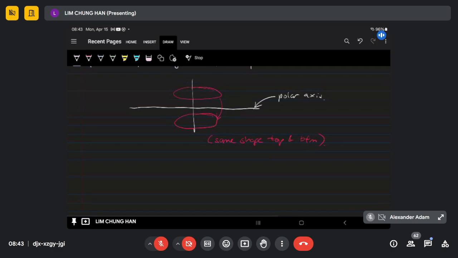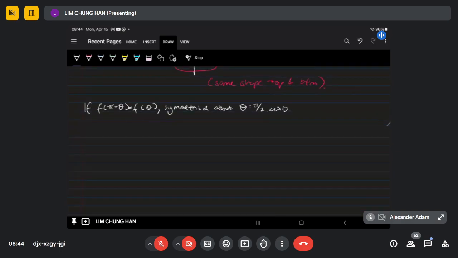Now there is a second rule. If pi minus theta equals theta, that means it's symmetrical about the pi over 2 axis.